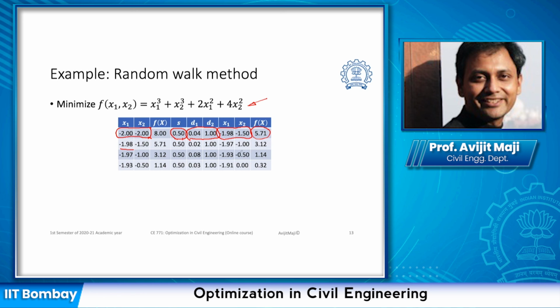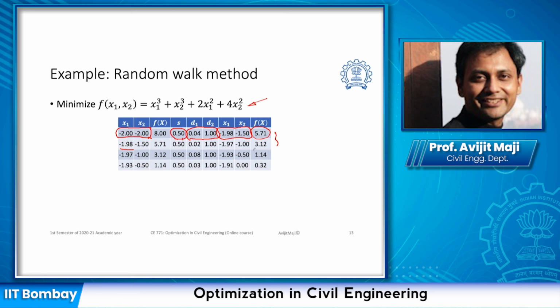Now there could be many iterations to obtain the right or correct direction. I have avoided those, but when you solve this problem using the random walk method, you will find that in between these two steps there could be more than one step, where in certain directions or certain cases it almost exhausts the failed trials, or some failed trials are there.